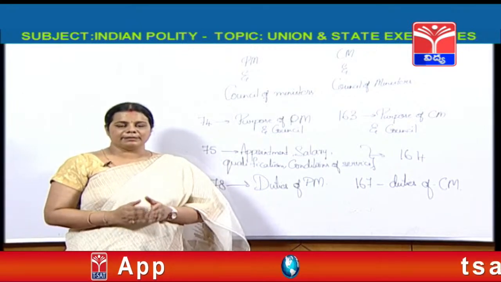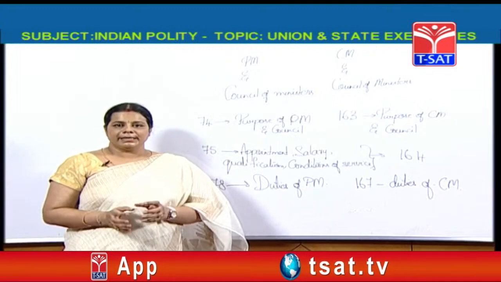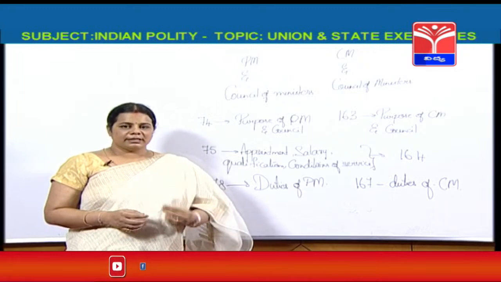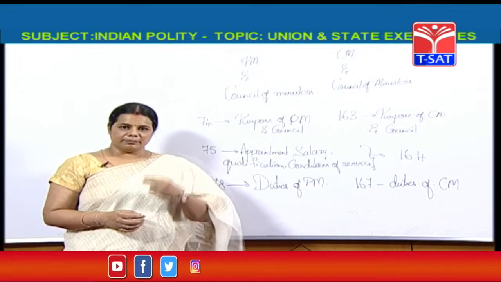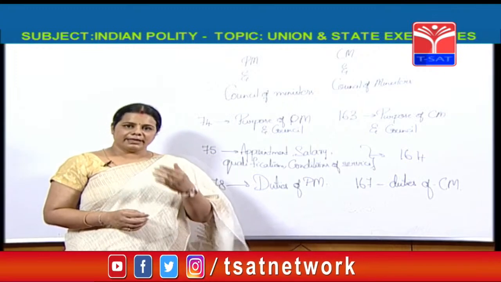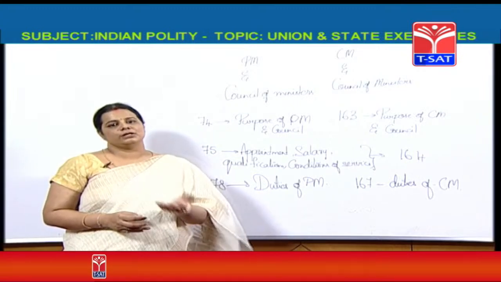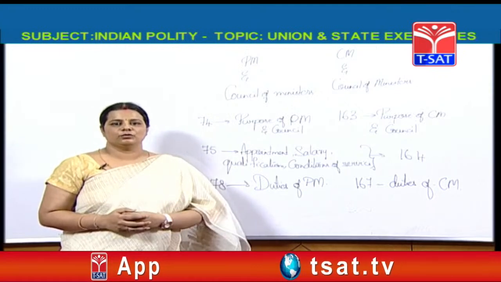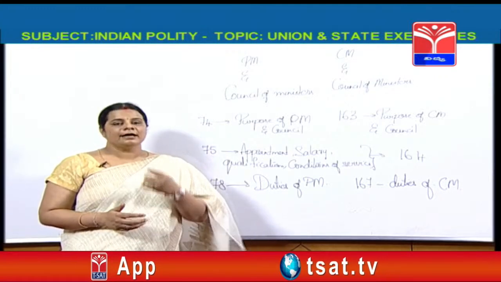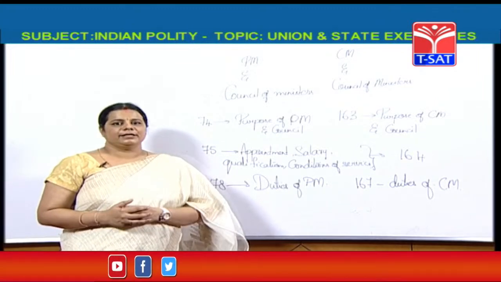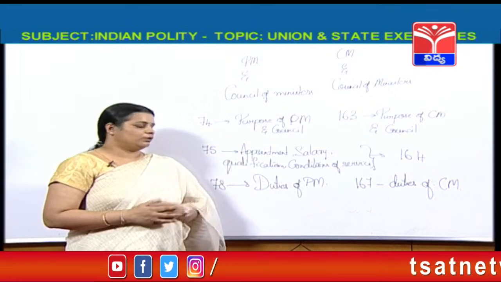A non-member can be appointed as minister, but he cannot continue as minister for more than 6 months. ఒక్కసారి మినిస్టర్ అయితే ఆ మనిషి ఖచ్చితంగా మెంబర్ అన్నా ఉండాలి, లేదా 6 months లోపు మెంబర్ అన్నా కావాలి. అయితే ఈ మెంబర్షిప్ లోక్సభలో ఉండొచ్చు లేదా రాజ్యసభలో ఉండొచ్చు. And the minimum age required to become a member of Lok Sabha is 25 years. అందుకనే we say that the minimum age required to become a minister in India is 25 years. That is about the qualifications.